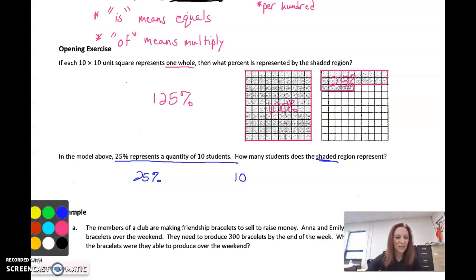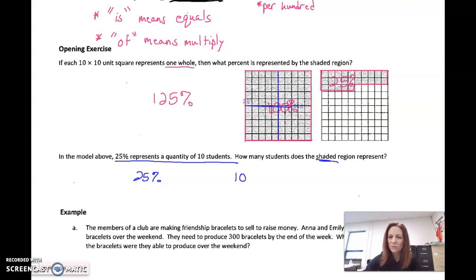If we look here, we can break this 100 up. Again, this is just a visual. We can break this 100 up into 25s, can't we? How many 25s are in 100%? Four of them, right? So I have a total of how many 25% right here? 1, 2, 3, 4, 5 25%.